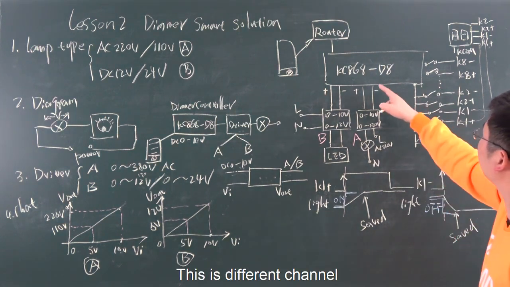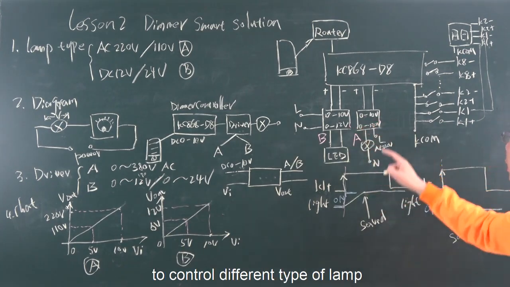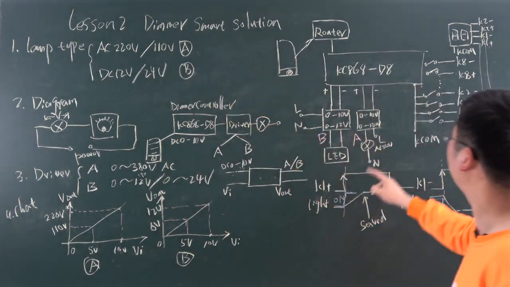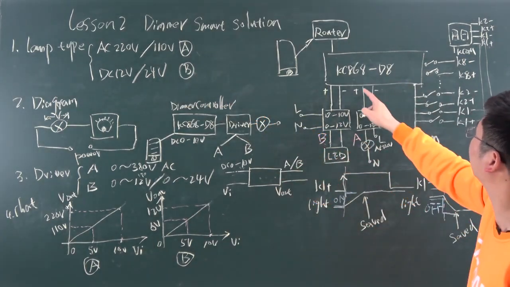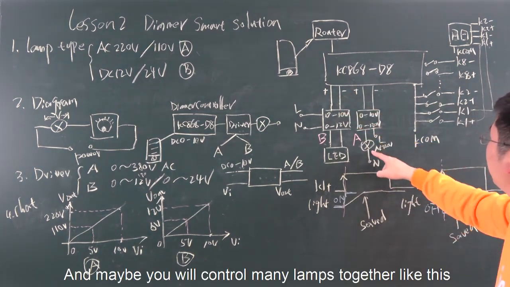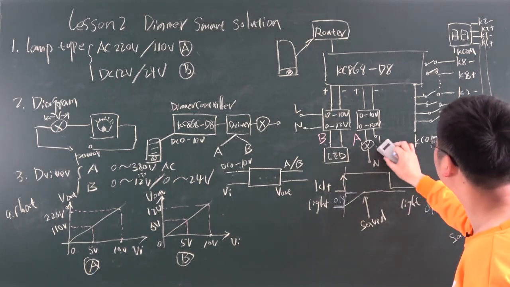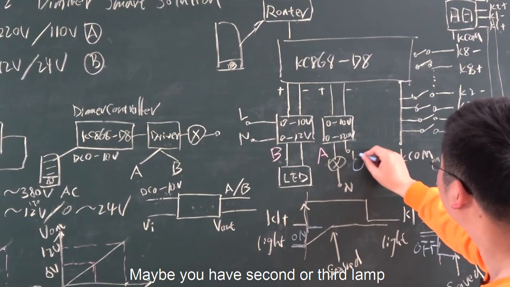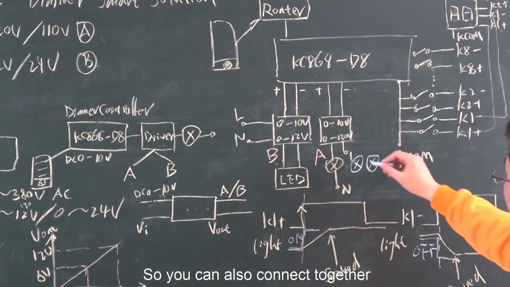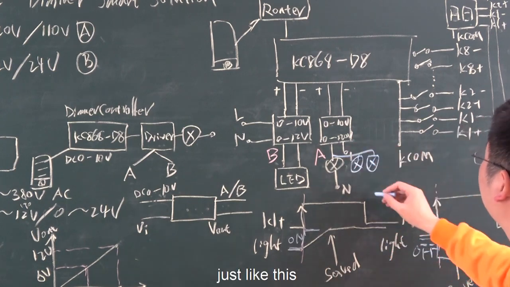Okay, these are different channels. You can connect different drivers to control different types of lamps. A and B outputs connect to this point. And maybe you will control many lamps together, like this. Maybe you have a second or third lamp, so you can also connect them together, just like this.